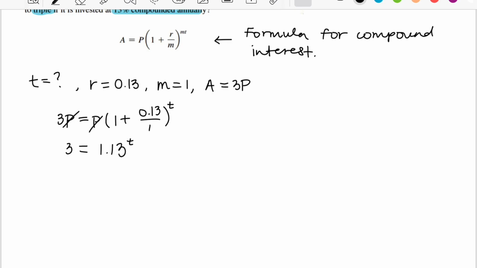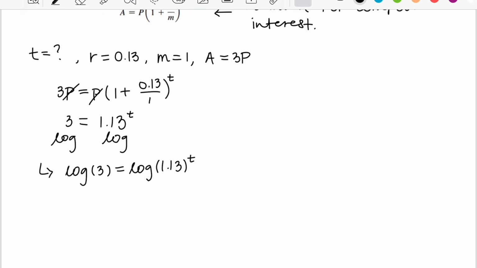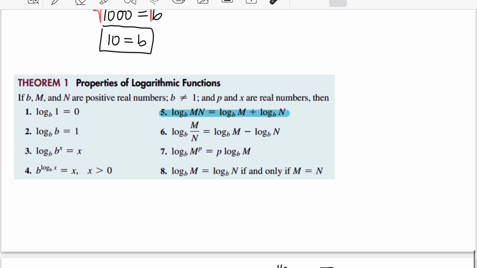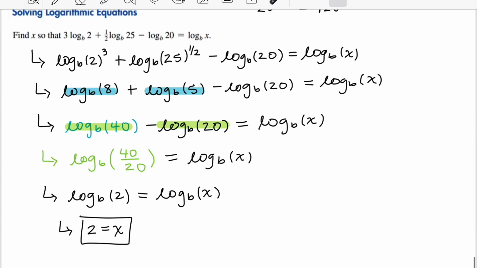Now, what we can do is take the log of both sides, and we end up with log of 3 is equal to log of 1.13 to the power t. Remember, with our logarithmic properties, we can rewrite our function when it has an exponent like that, like this.